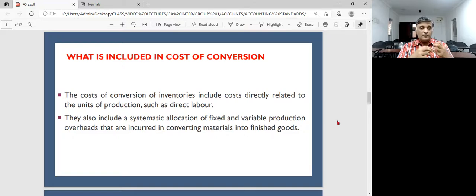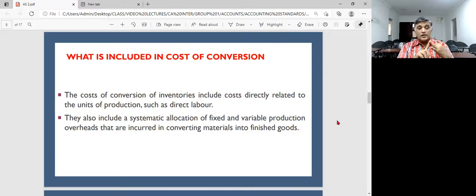What is that? The cost of conversion of inventories includes the cost directly related to the unit of production, such as direct labor. So you engage people to work on the product. So there is a direct wages or a direct labor element which will get part of the conversion cost. So direct labor will be part of the conversion cost.